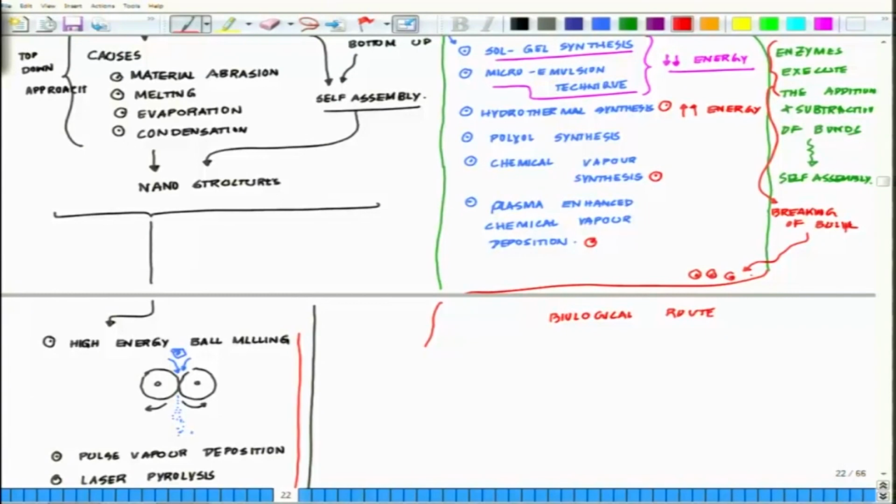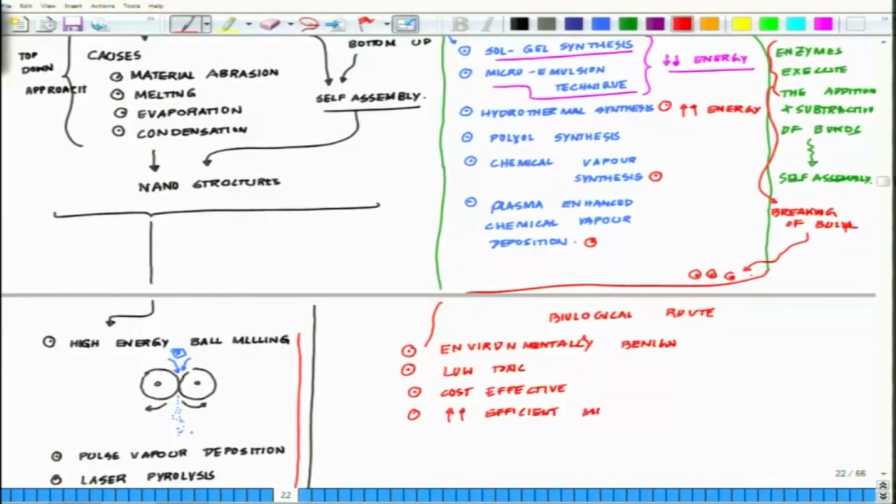So most of these provide environmentally benign, low toxic, cost effective, and fairly efficient modules of synthesis.